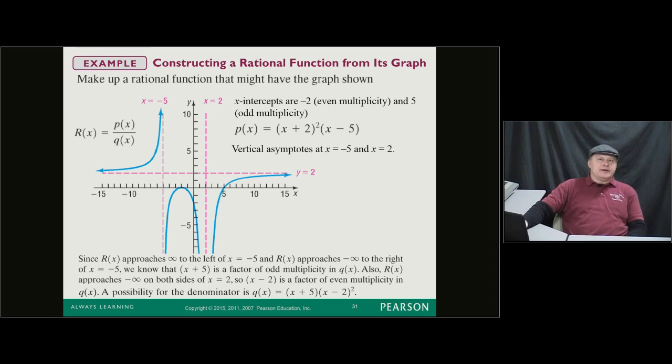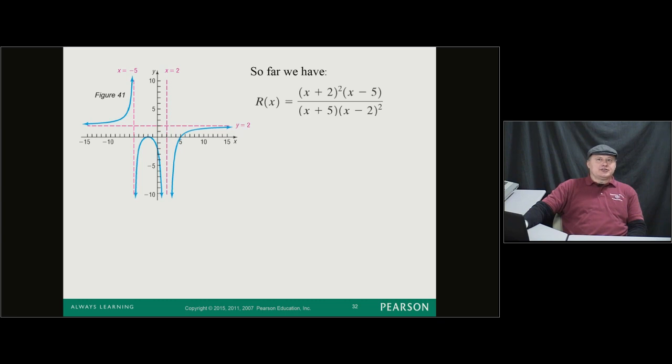And since it went from one side to the other at -5, it will have an odd multiplicity. At -5, it ended positive on one side and goes negative on the other side. But at 2, it's going in the same direction.